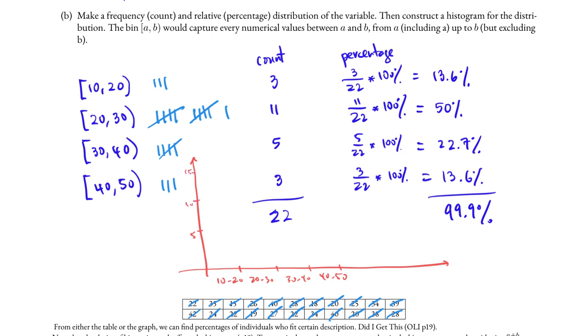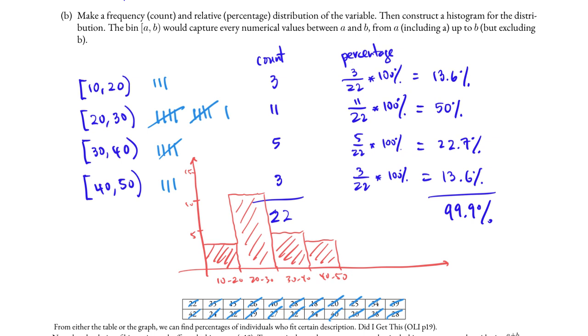For the first bin, we have 3 counts, and so the height should be approximately this. For the second bin, the height is 11 counts, a little bit more than 10. Each of these bars should have the same width. The next one has 5 counts, and then the next one has 3 counts. This is what a histogram looks like.